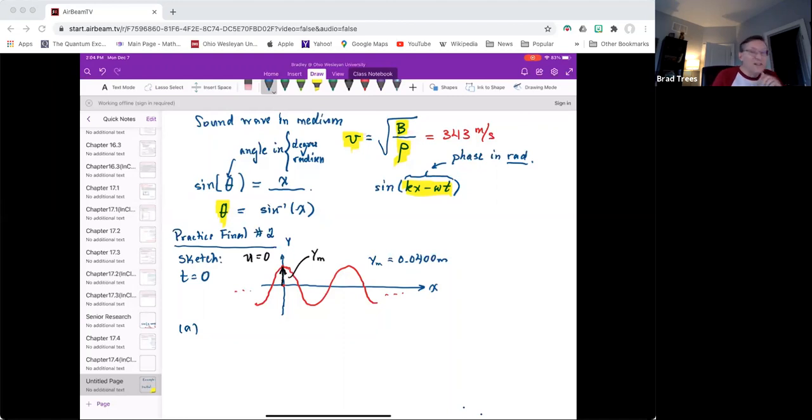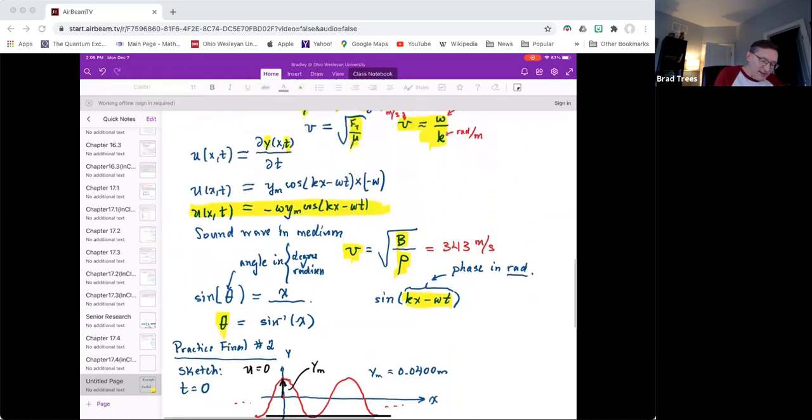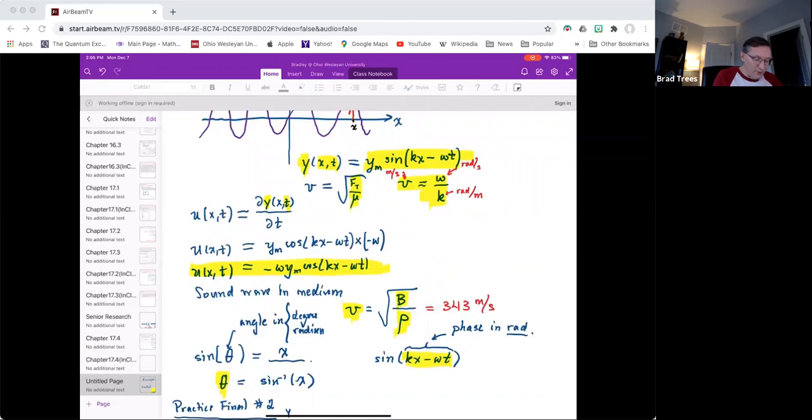Okay? One of the things you learn when you study transverse sinusoidal waves on a string is that when you calculate the transverse velocity function u, that's that function right there that I was just talking about, u of x and t, the amplitude of that transverse velocity function is that combination right there, omega times y max. And that combination is u max, the amplitude of the transverse velocity.